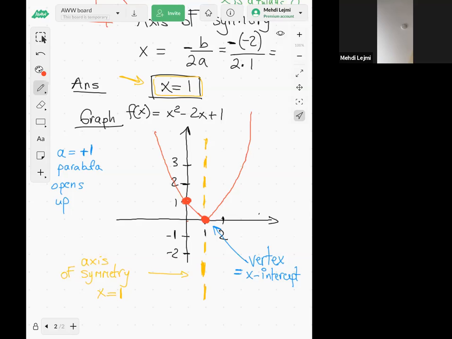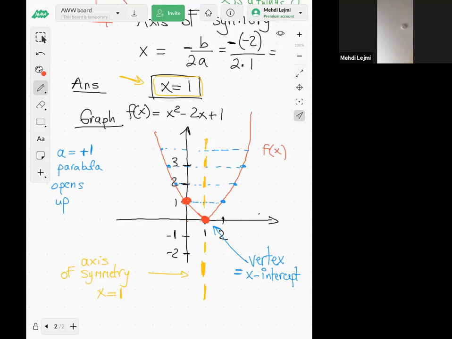Again, because of the axis of symmetry, the reflection of this point about the axis of symmetry should be this point, like this point here should go here, etc. So that would be the graph of f of x.